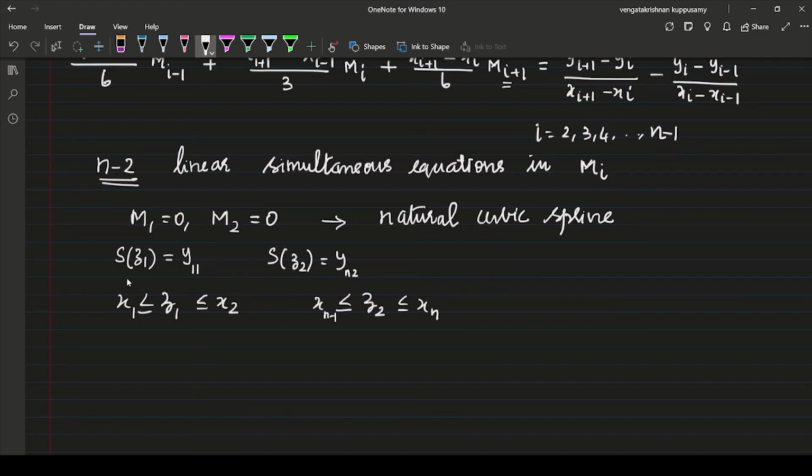Then again from this condition we get two more equations in m_1, m_2 and m_{n-1}, m_n, and combining them with these n minus 2 equations and solving, we get the not-a-knot cubic spline.